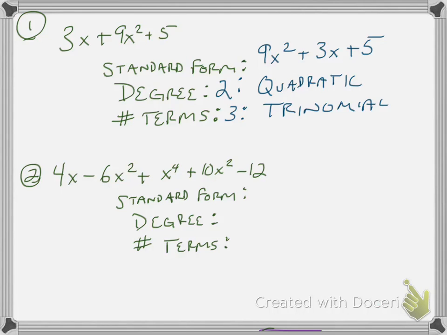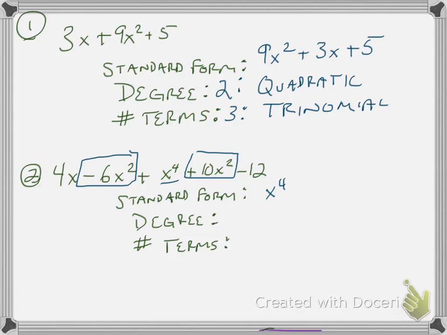The next one. My highest exponent here is the x to the fourth. So I start with that. Then I have my x squareds. Now, I have positive 10x squared and negative 6x squared. Because they're the same, I can combine them.